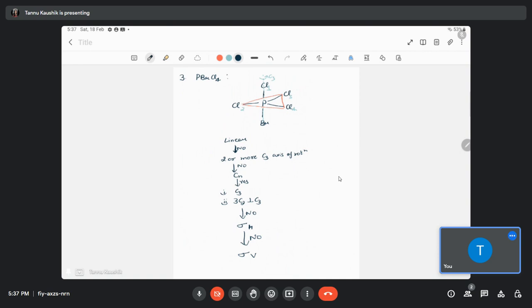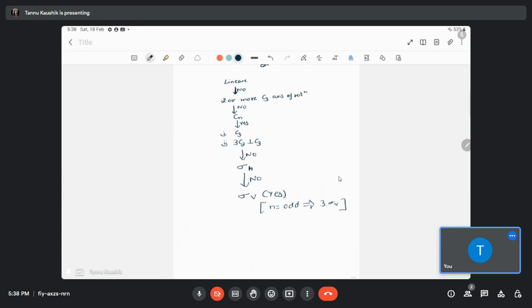Yes, we have sigma V planes present in this molecule. And we know when n is odd, we will have n sigma V planes, that is 3 sigma V planes in this case. Okay, therefore we have C3V point group present in this molecule.